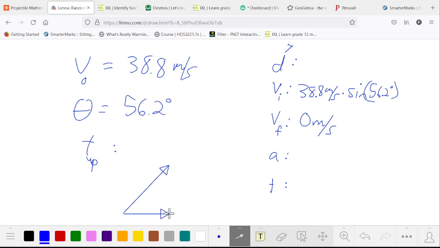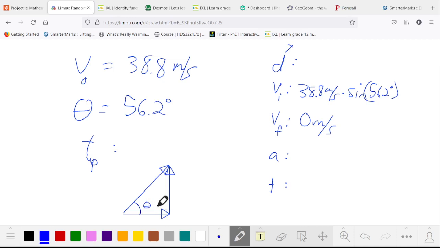So the horizontal and vertical components come in here, where this angle is the angle that we measure. It's relative to the horizontal. That makes the vertical component the opposite side, so that has the sine function when we know the hypotenuse, and the horizontal will use the cosine.